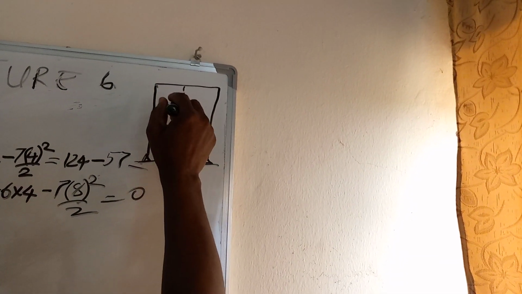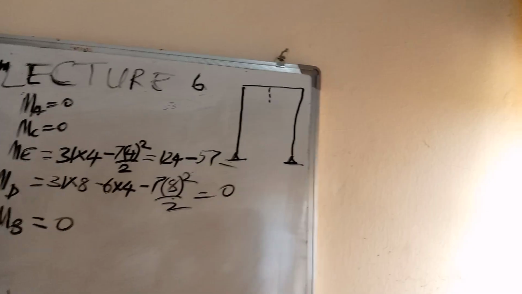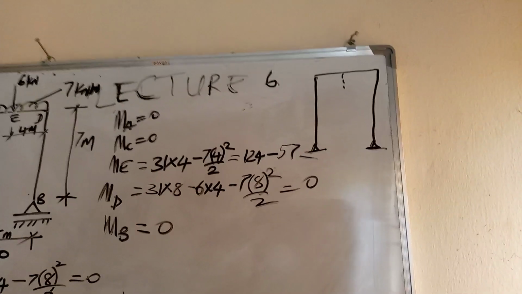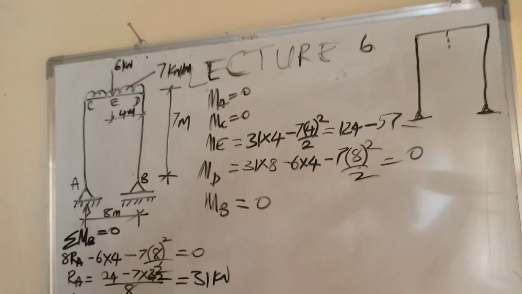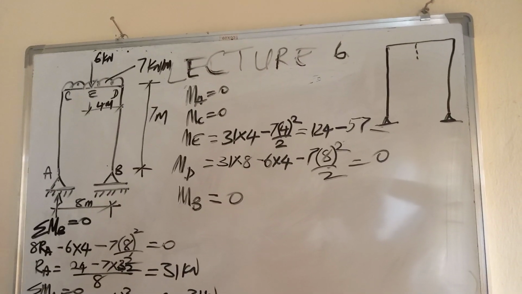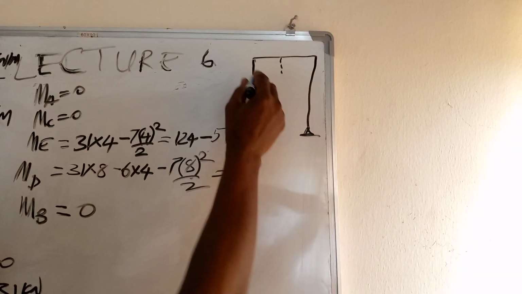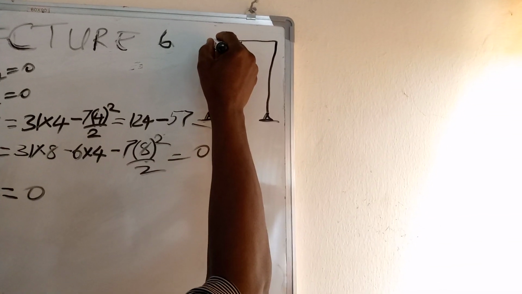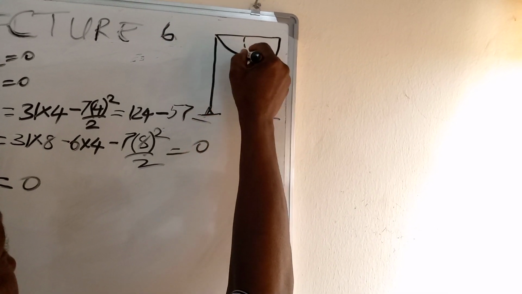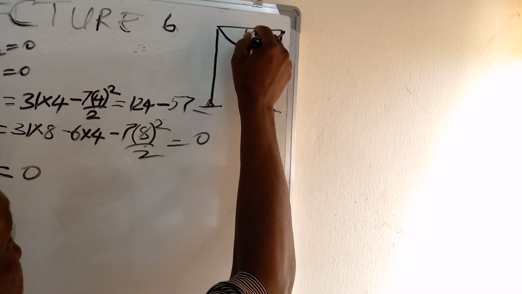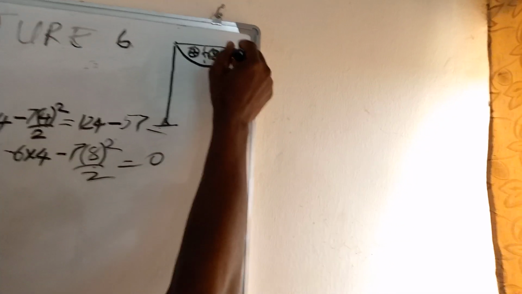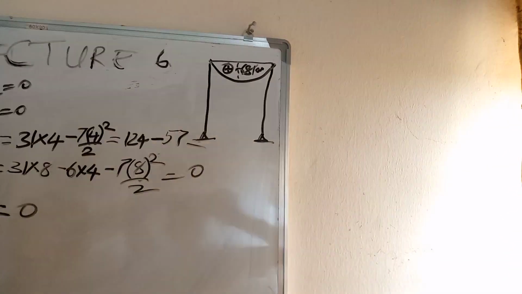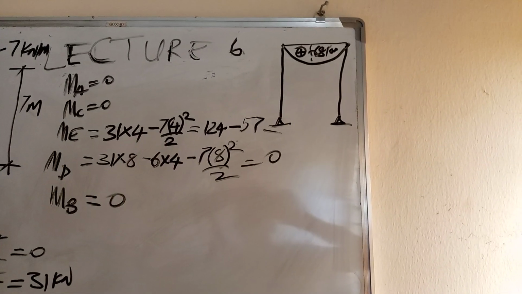At the middle, that is at E, the moment is 56 kilonewton meter positive, and the equation is quadratic. At D, moment is 0. And there's no moment at B. This is the bending moment diagram.